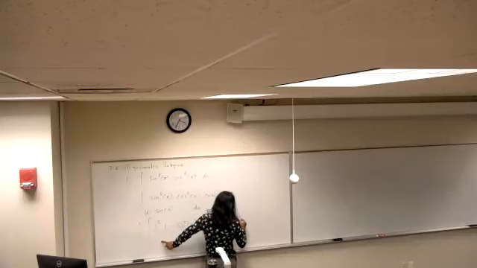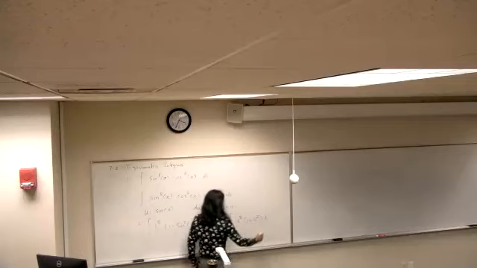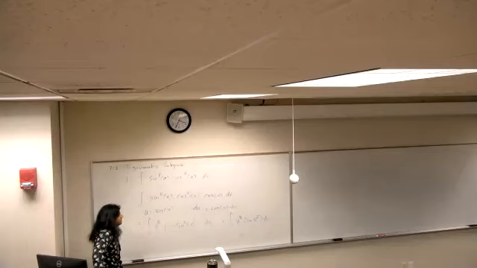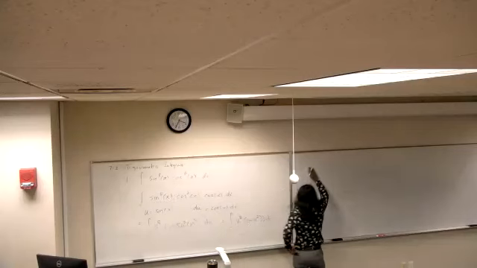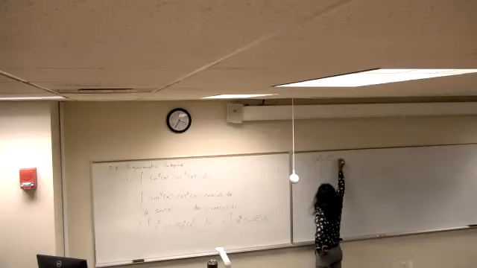So u to the 8th times 1 minus u squared, followed by du. Good. I can distribute u to the 8th: u to the 8th minus u to the 10th times du.